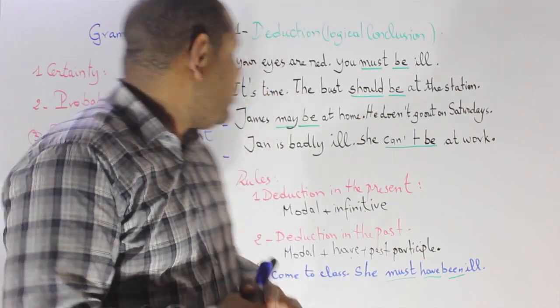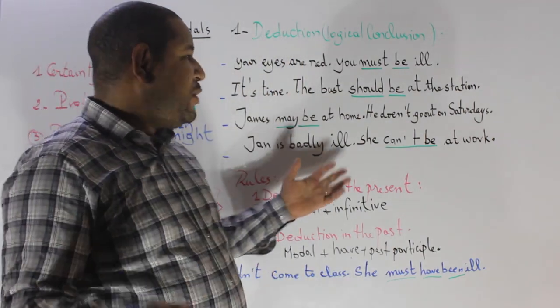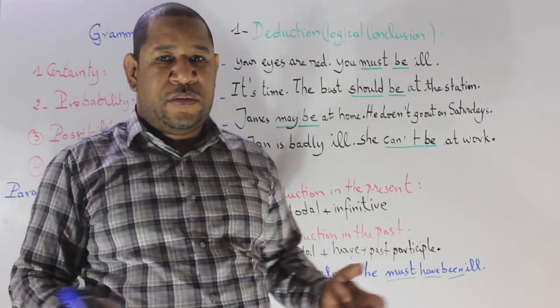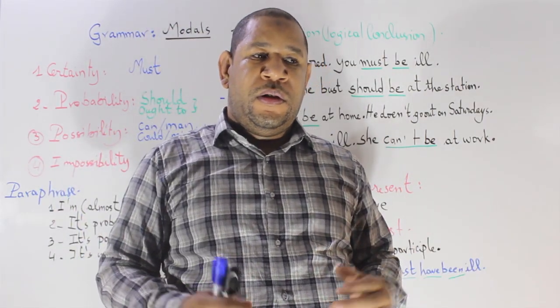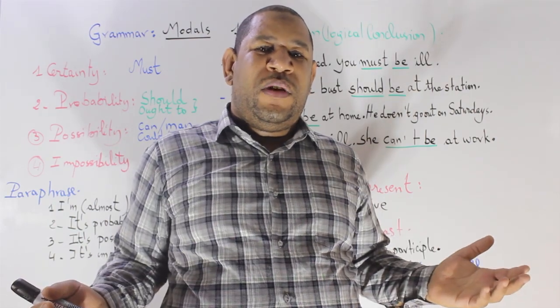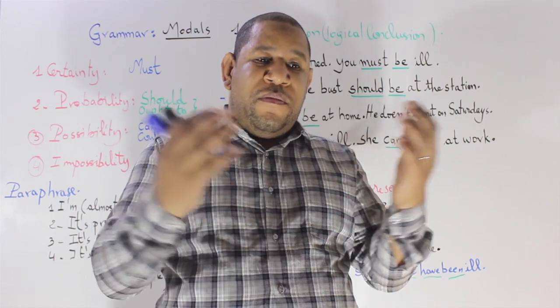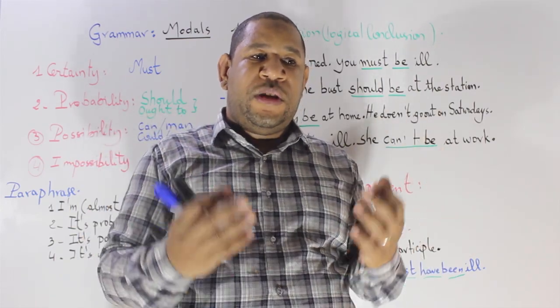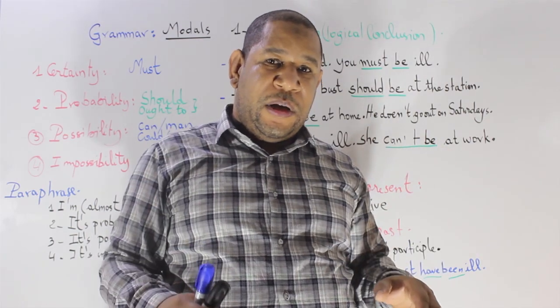We are going to look at the first example here. It's time. The bus should be at the station. Okay, the bus should be at the station. It's time. What does this mean? It means we have a certain type of information about the bus. We know that this is the time of the arrival of the bus.